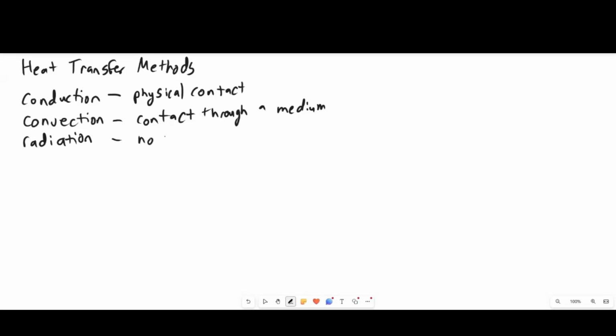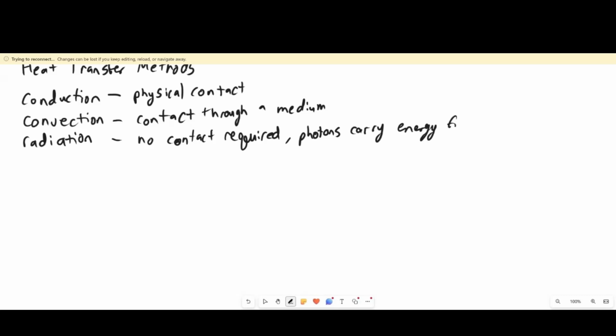And then radiation, there's no contact required. Photons will carry the energy. And so radiation is how we get energy or heat from the sun, even though there's the vacuum of space between us and the sun. So we'll look at a heat transfer equation for each of these heat transfer methods.